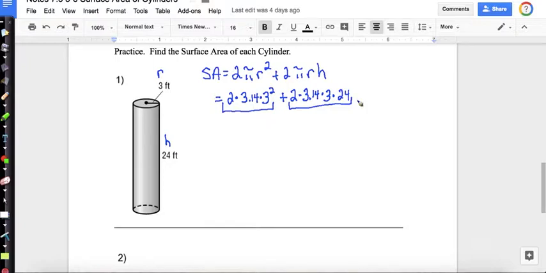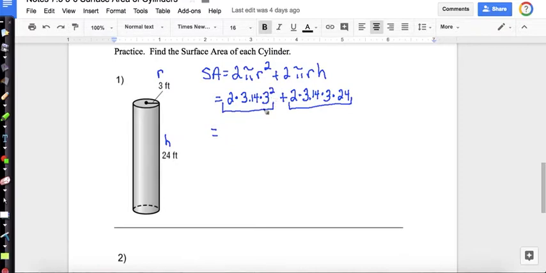I'm not going to make you type this in right now, but I'm going to tell you how to type it in. If you were typing this into your calculator, you would type in 2 times 3.14 times 3, hit the x squared button, and if you don't hit equals after you hit the x squared button, it's going to tell you what 3 squared is, which is 9.